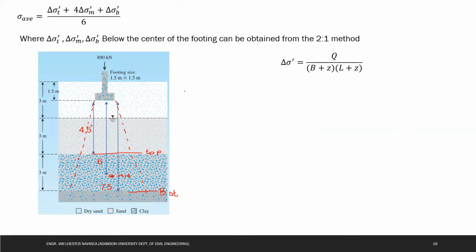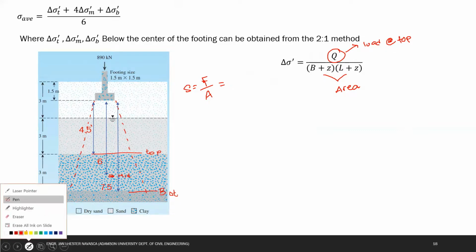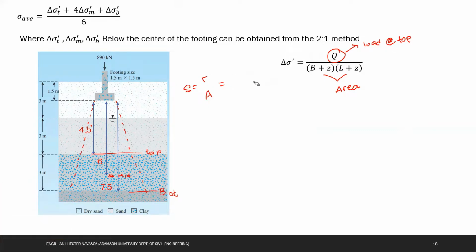So again, if you recall, stress is just simply force over area. So we know the force, that is the load Q at top. This is the load at top. And this one should be the area. So what area are B plus Z and L plus Z denoting?